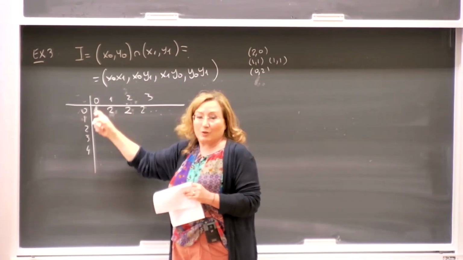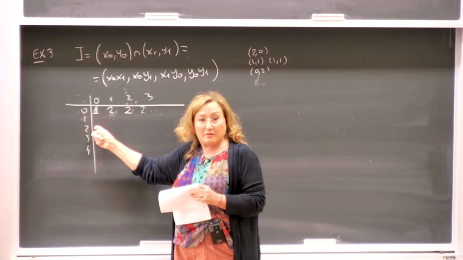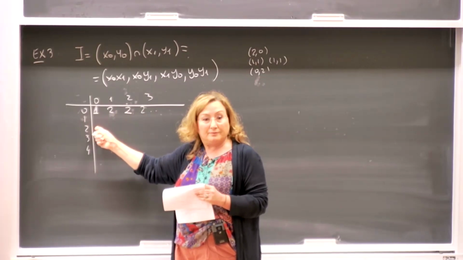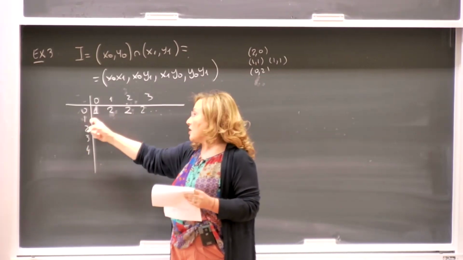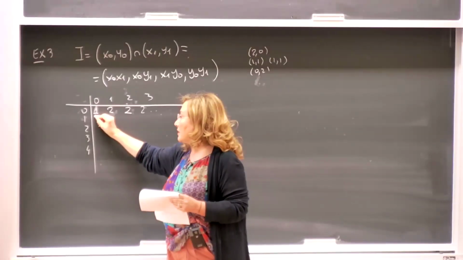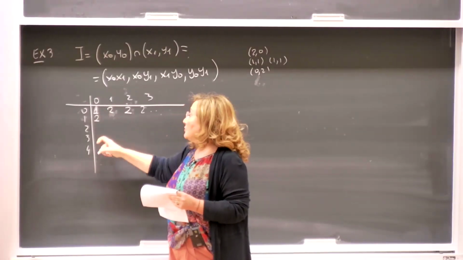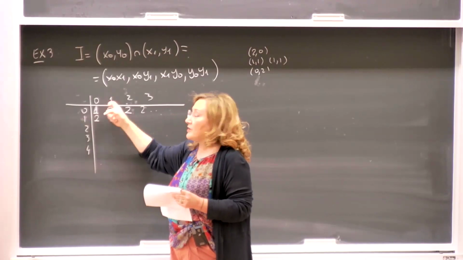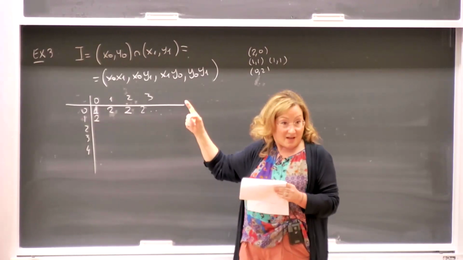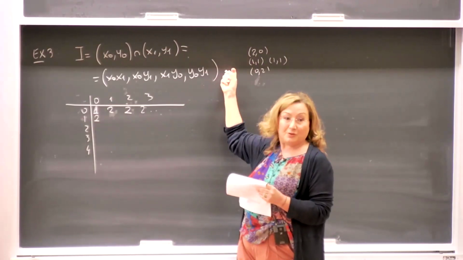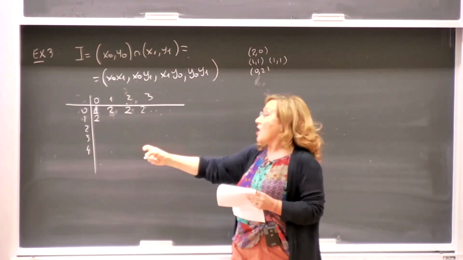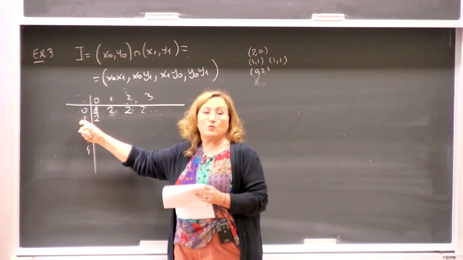Then go to 1, 0. Do we have generators in degree 1, 0? No. How many monomials? 2 minus 0 is 2. Do we have generators in degree 1, 1? Yes, we have 2 minimal generators in degree 1, 1. How many monomials do we have in degree 1, 1?